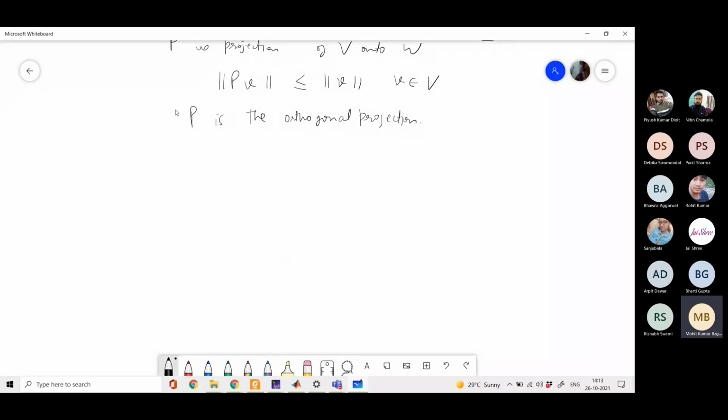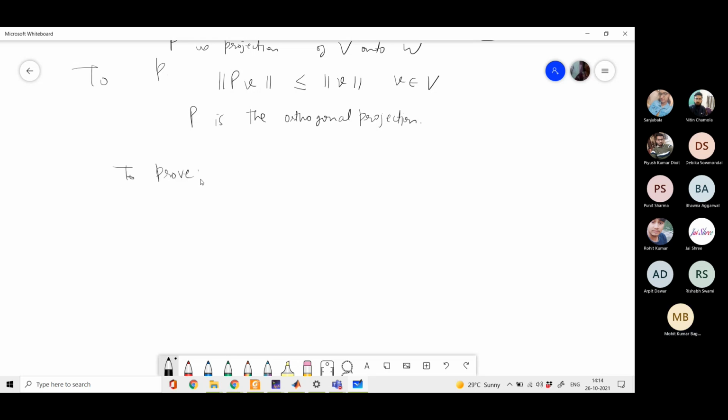So how will you prove this? Okay, at least you have knowledge of what to prove in this question. Yes, you have to show that the orthogonal complement of the range of P is the null space.